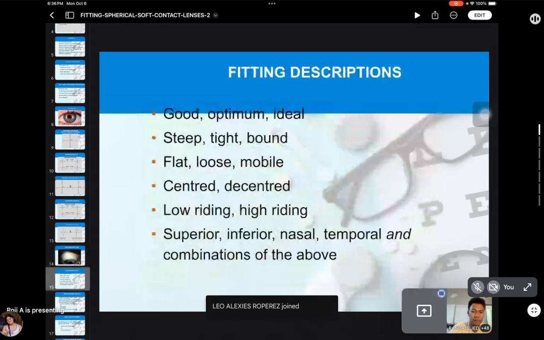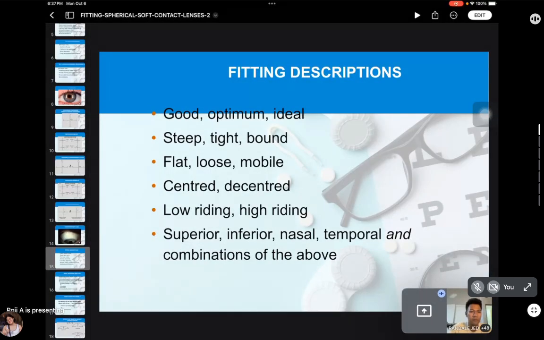If there is one thing, it's the fitting descriptions. Under fitting descriptions, there's only three things you have to understand. Number one is the ideal, the good, and the optimum. There's no perfect fit, but this is close to what you want.